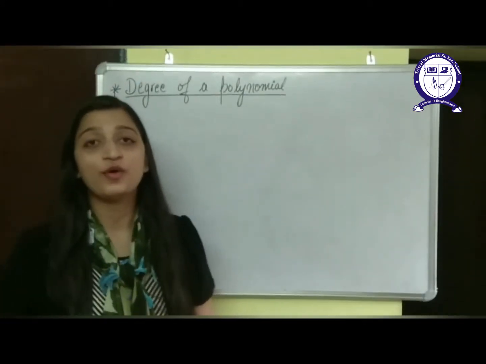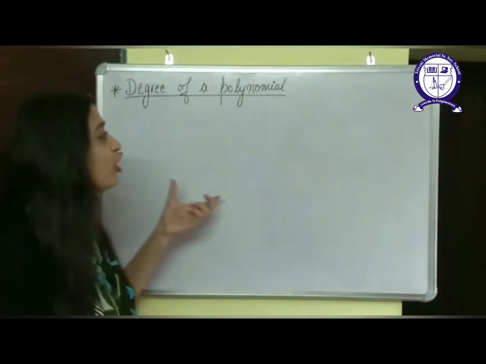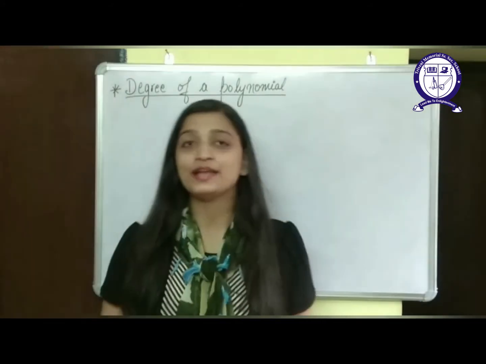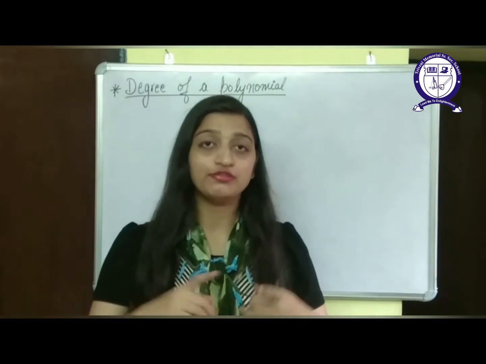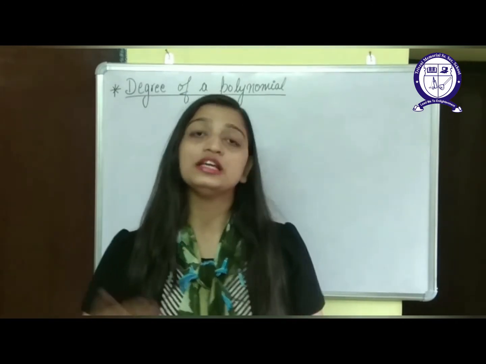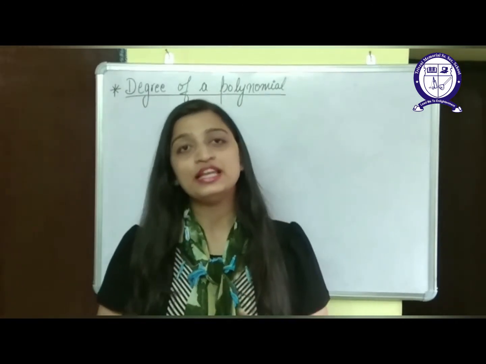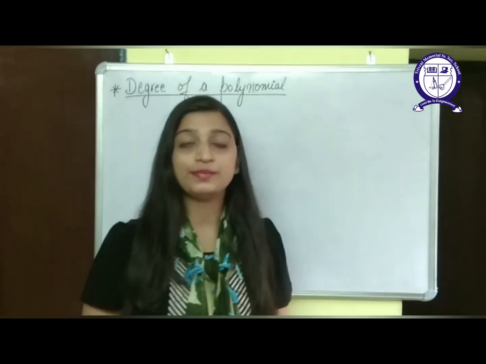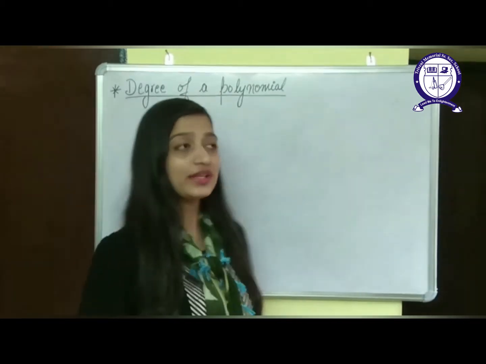Now the next important fact related to polynomials is the degree of a polynomial. First of all, a polynomial can be in many variables, like one variable, two variables, three variables, but we are mainly focusing on just one variable. What is a degree?